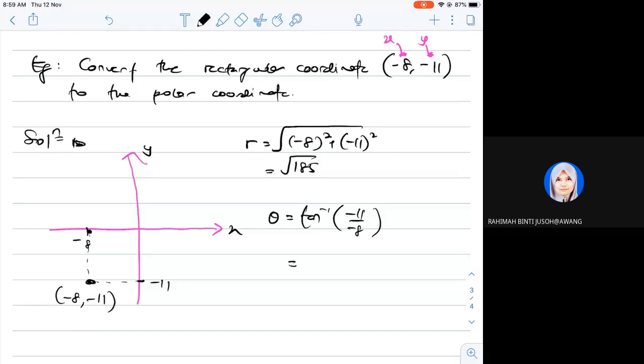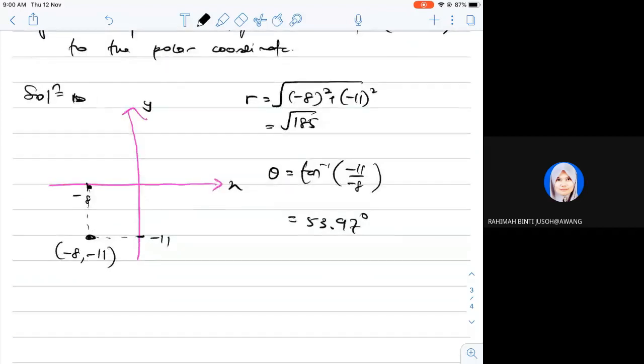What's the angle? Arctangent, shift tangent, 11 over 8. 53.97, right? Yes. Okay, 53.97 degrees. Now, can you give me the location of this angle?